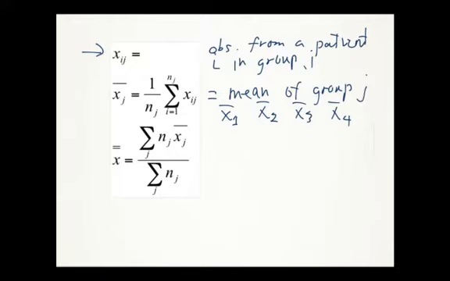Remember now, this part is an individual's actual observation. This is the mean for the jth group, and this, x with 2 bars, x double bar, is the grand mean over all groups.